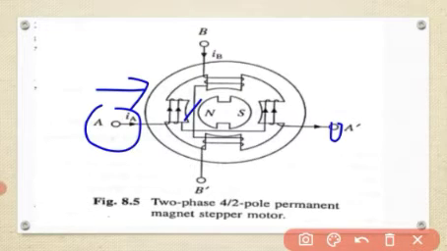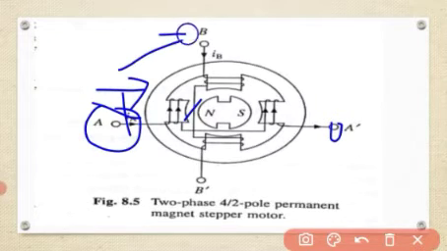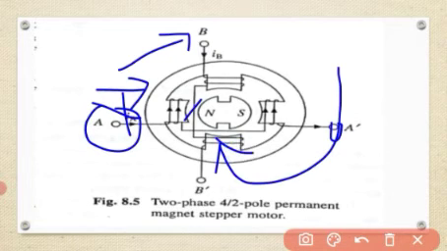The rotor turns through 90° when excitation is switched from phase A to B. So when I switch from A to B, what will happen? The rotation will take place in the clockwise direction.